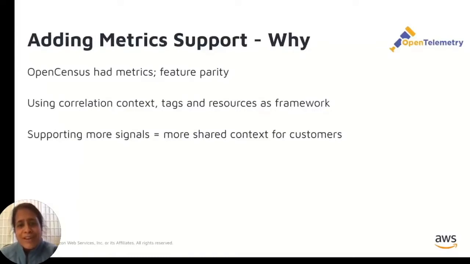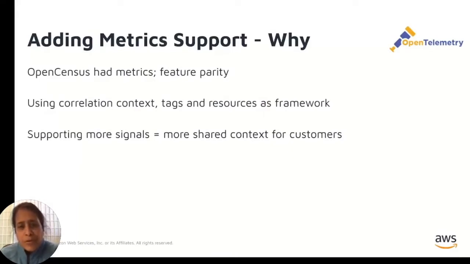Needless to say, it is really interesting at this point in time to work on OpenTelemetry and building out metrics support and building out the library support as well as the collector support for it. Now, just to understand, why does metrics support need to be added to OpenTelemetry?